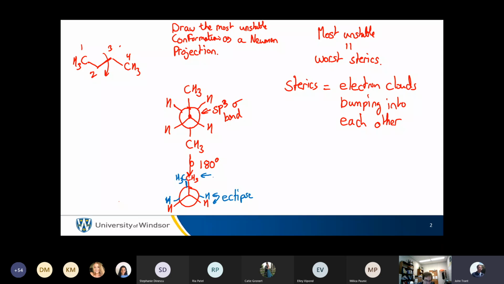And my two biggest groups are on top of each other. We're going to come back to what defines biggest group when we start talking about chairs. But for now, a methyl group is bigger than a hydrogen. That's pretty clear. Hydrogens are small. You actually can't get smaller than hydrogen.